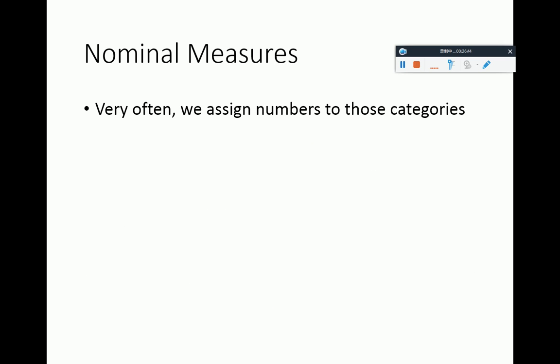So in survey research, and later on that will be something that you will do as well, we assign numbers to the categories that we make people choose, right? So for example, when we measure a person's biological sex, we'll say, well, we are going to use 0 to represent male and 1 to represent female, or use any other number.